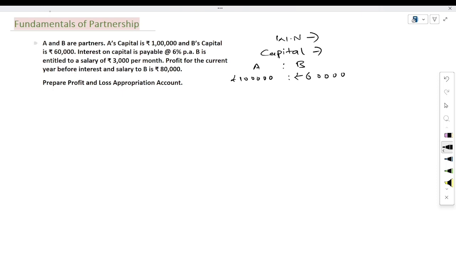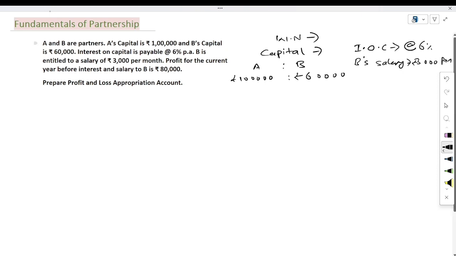Here interest on capital is payable at the rate of 6% per annum. The firm will provide interest on capital at the rate of 6% per annum. And another thing, B is entitled to a salary of rupees 3,000 per month. B will get a salary of 3,000 per month.